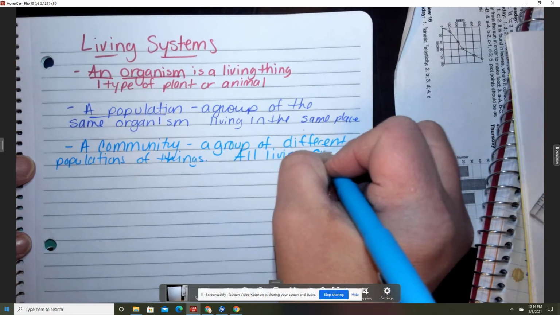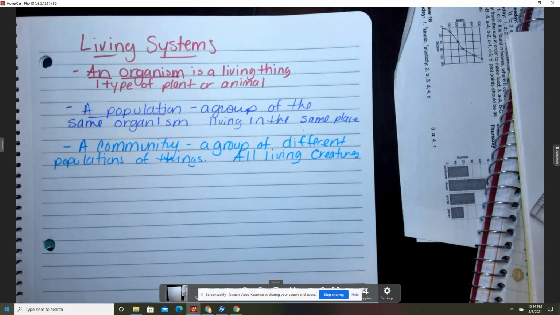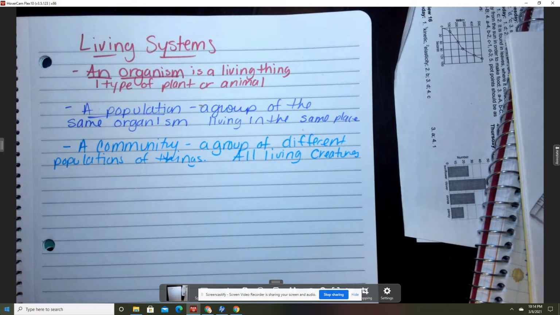So if you're talking about a community in the forest, it would be the deer, the squirrel, the possums, the skunks, the tree, the flower. So all those living things. If you're talking about the community of an ocean, you would talk about a whale, a fish, a squid. So all those things. Okay. So there are lots of different communities all around our world, right? It just depends on where you're at.